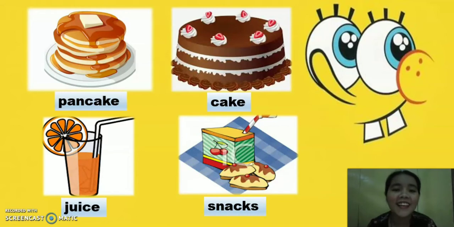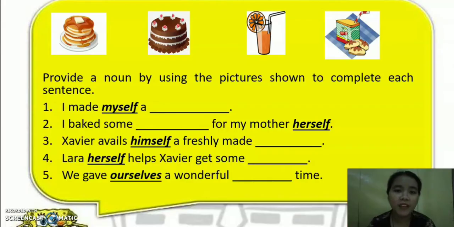Snacks. Okay, remember these 4 pictures because later in our class, I will ask what are these 4 pictures that I have shown to you. Okay, am I understood? Very good. Okay, now class, I have here 5 sentences.